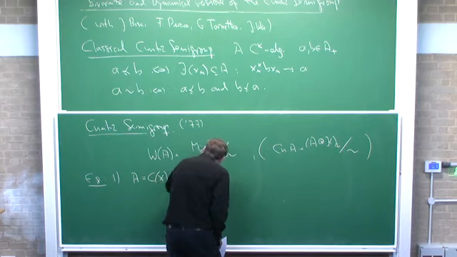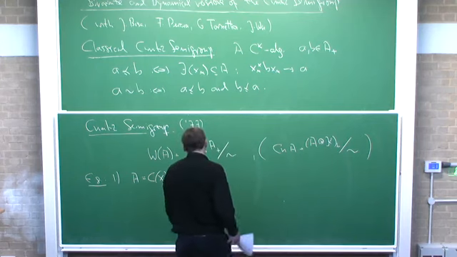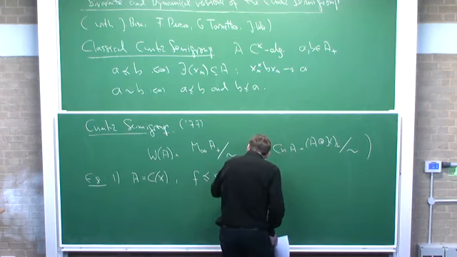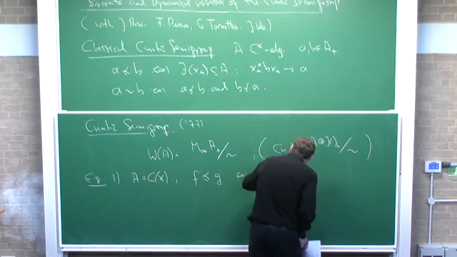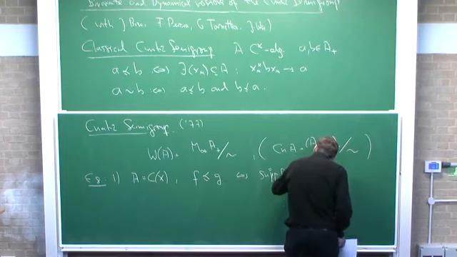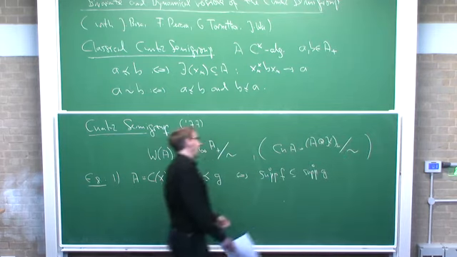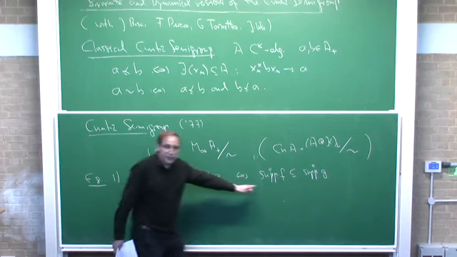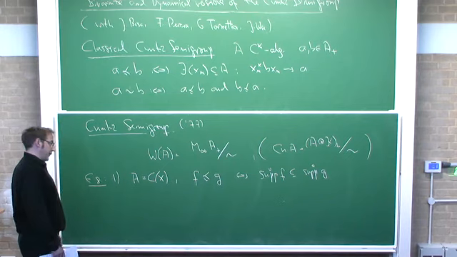Then if you have positive elements in there, functions now, f and g, and f is Cuntz below g, that will be the case if and only if the open support of f is contained in the open support of g. By open support, we just mean those points where your function is strictly positive.